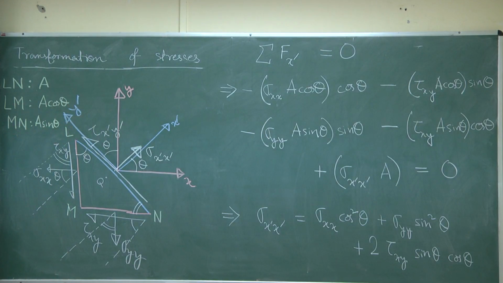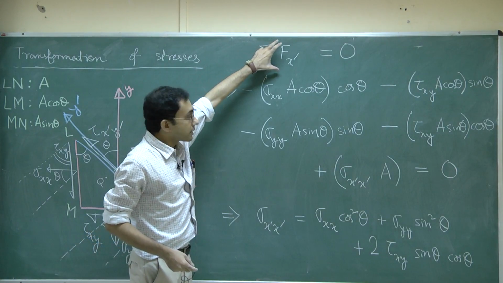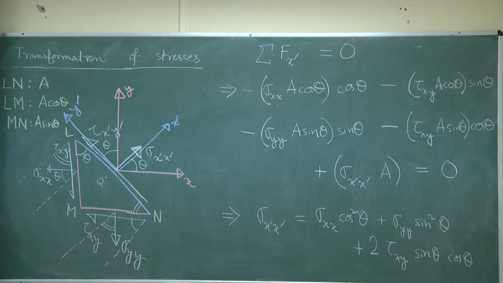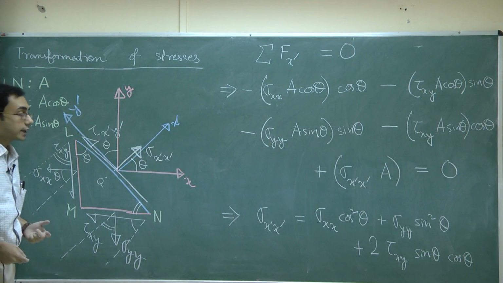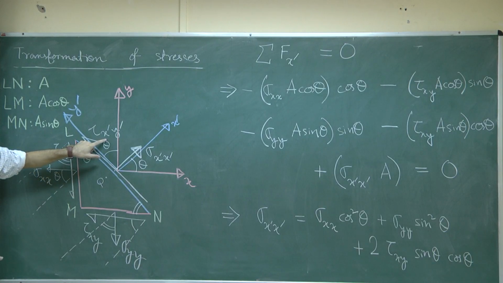First of all, what we want to do is, just like we have been considering the sigma f x dash equal to 0, next we will consider the sigma f y dash is equal to 0, and our hope is that that will give us some sort of relationship between this stress component tau x dash y dash with the other things.